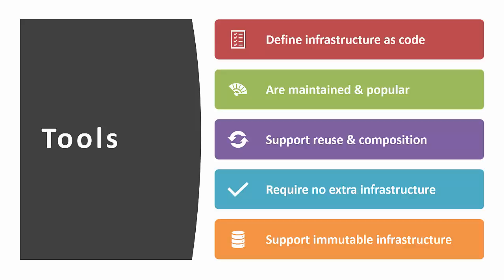We need the ability to reuse the infrastructure we write or compose it into new models, so that we don't need additional infrastructure support just to run infrastructure, because that becomes redundant costs, and we need to be able to implement immutable infrastructure. We update and redeploy because our objective here, of course, is fast deployments with very little to no downtime.